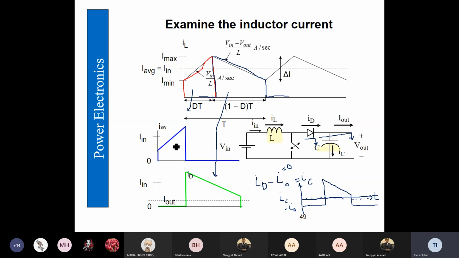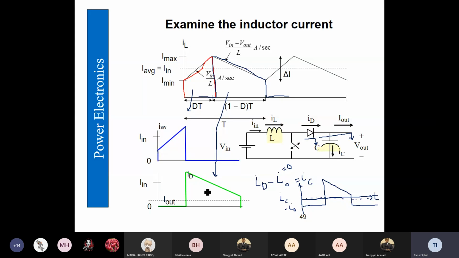When the switch is off, the diode becomes forward biased, and therefore the diode conducts the current, and that current is like this. So we have a maximum peak from which the inductor starts discharging, down to the minimum current value, and then the inductor current goes up again when the switch is closed.